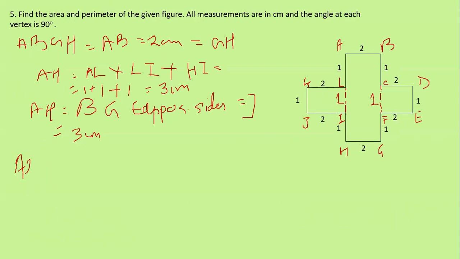Right, area of ABGH is how much? Area of ABGH is 2 into 3, which is equals to 6 centimeter square, right? Perimeter क्या है?